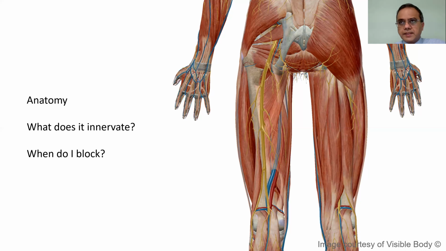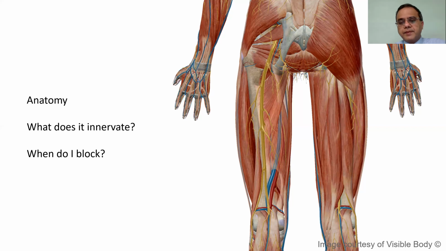So when do I block sciatic nerve? Sciatic nerve can be blocked proximally around the hip joint. That is for surgeries on the knee joint. So any major surgery on the knee joint, like knee replacement or a below knee amputation. Whereas you can block the sciatic nerve more distally around the popliteal fossa for surgery on the ankle or on the foot.